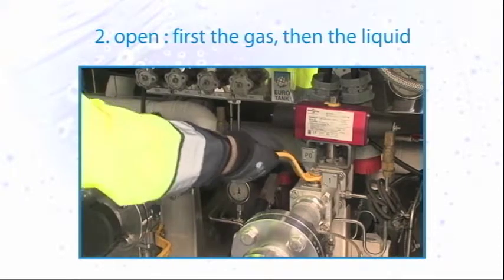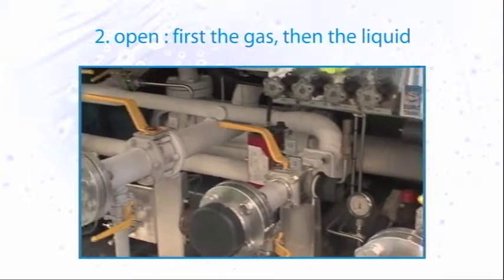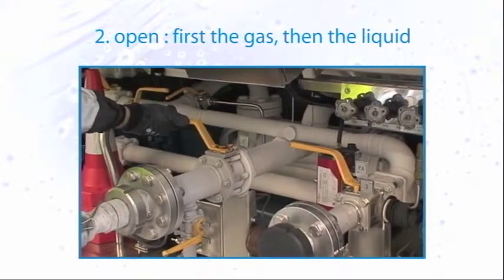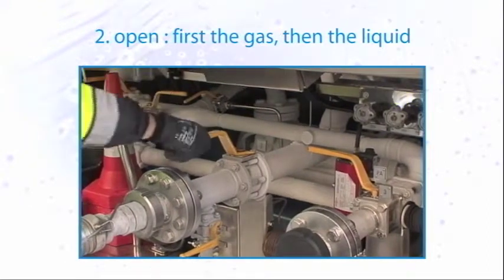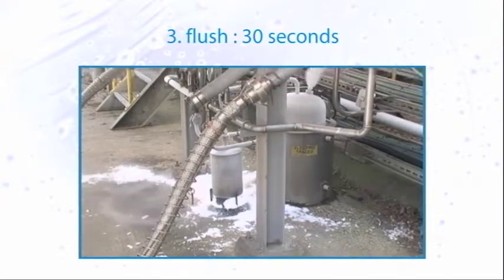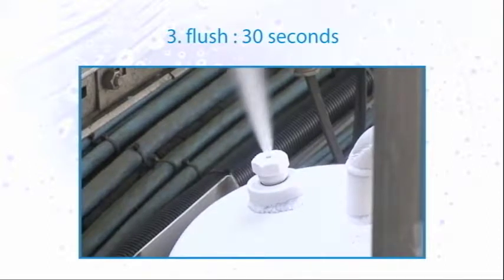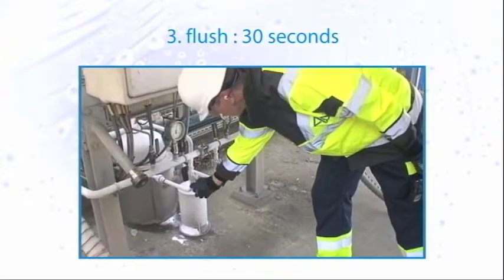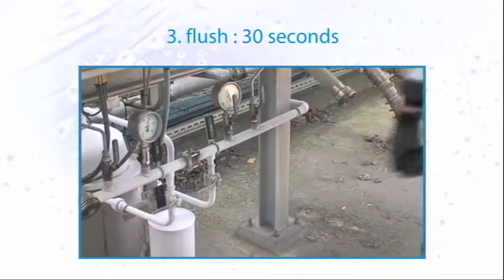Now you can open the gas valve on the lorry. After that, the liquid valve. The connecting hoses are now flushed for about 30 seconds. Afterwards, you must close the valve to the collecting receptacle again.